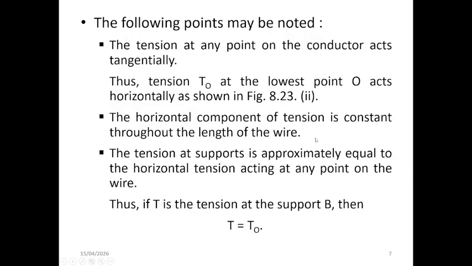Okay, this figure outlines several key mechanical principles of a conductor suspended between two supports. First, the tension at any point along the conductor acts tangentially to its curve, meaning the direction of the force follows the shape of the conductor.